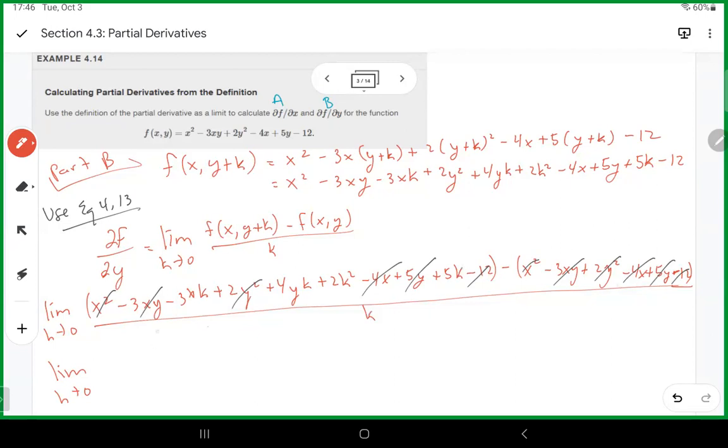Okay. All right, so minus 3xk plus 4yk plus 2k squared plus 5k all over k.